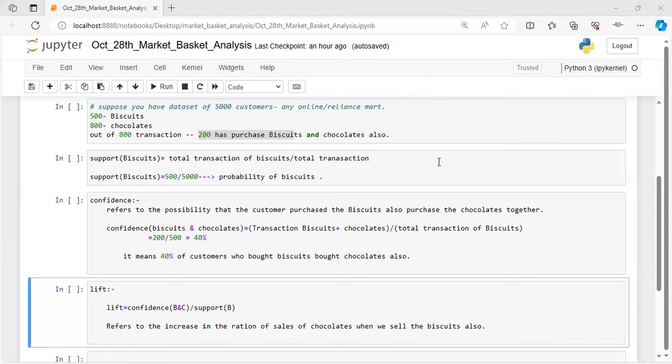You can start a dance class, a music class, art classes. You can rent your premises to someone. This is the same thing. If you have opened a pizza counter, you will sell pizza, but you want to increase the revenue. So what other things will you do? You will sell some cold drinks, some softy. So it refers to the increase in the ratio of the sale of cold drinks when we are selling the pizza.